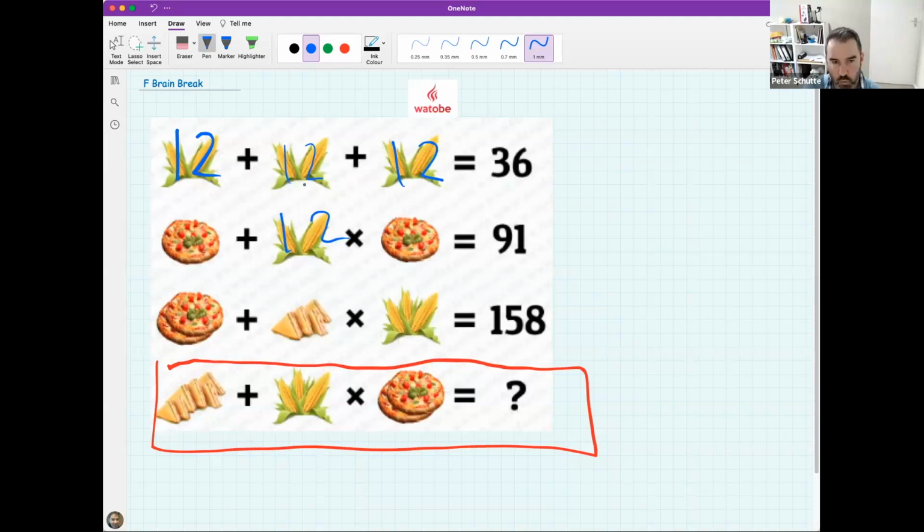So actually, how much is each one worth? Each milli is worth 6. So this would have to be 18, and that would have to be 18. Okay, so I've helped you with the first bit. Now we need to ask ourselves, how much is a pizza worth? And then can we bring it all together?